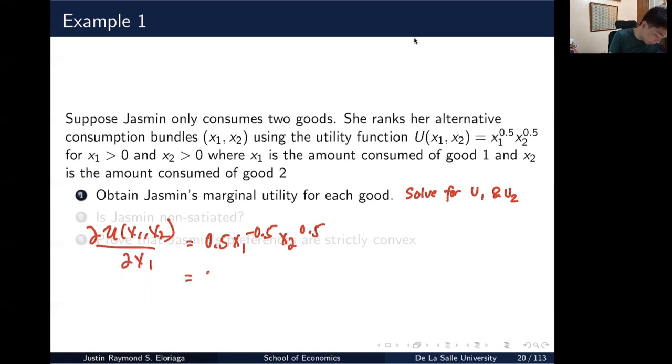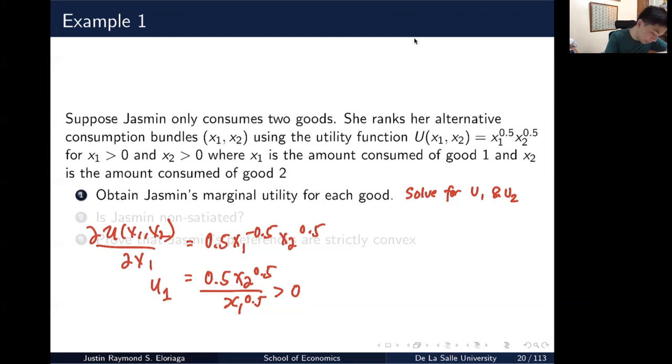Simplifying this, we get 0.5 x2 raised to 0.5 over x1 raised to 0.5. And since x1 is positive and x2 is positive, that's the domain, this is greater than zero. So this is your u1, or your marginal utility for good one.